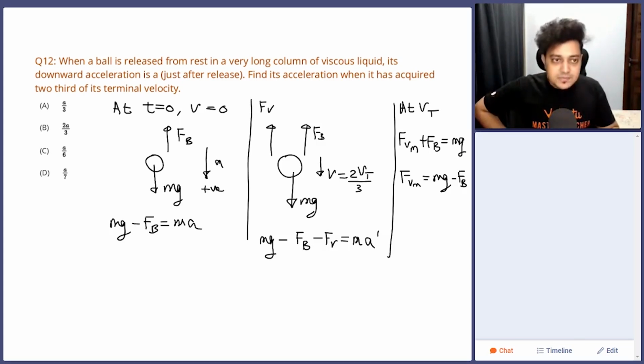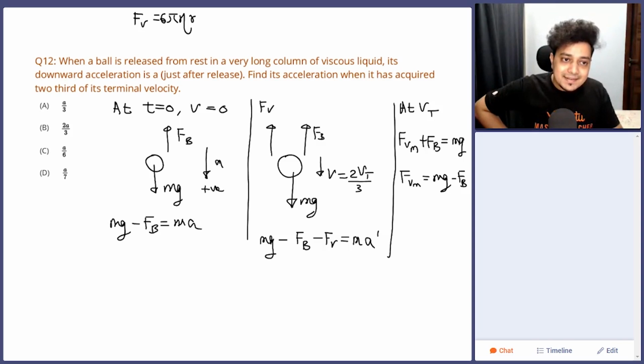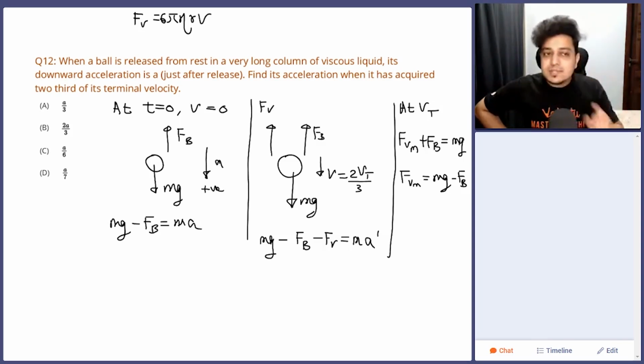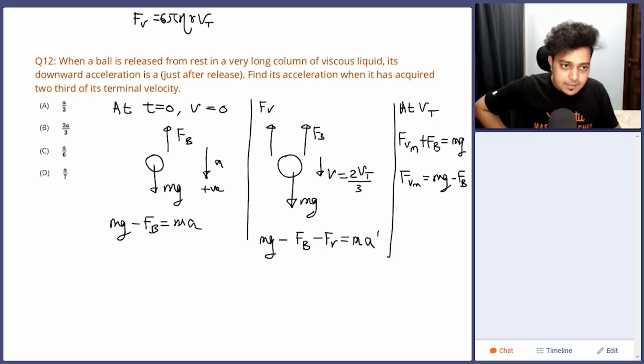Now remember that viscous force is 6 pi eta rv. So when the terminal velocity is achieved, the viscous force will be maximum. Now the velocity is 2/3 of the terminal velocity, isn't it? So at that time the viscous force will be Fv.